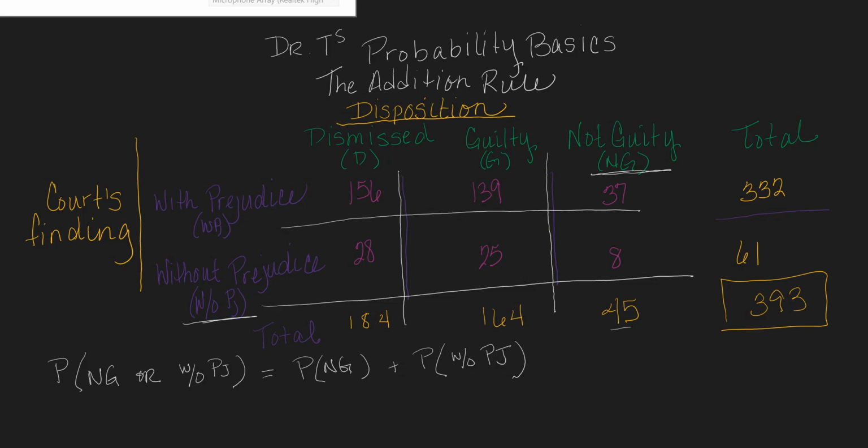Okay, so the probability of not guilty is going to be 45. There's 45 opportunities for us in our whole sample, 393 cases we reviewed. And then we want to take a look at the probability of without prejudice.